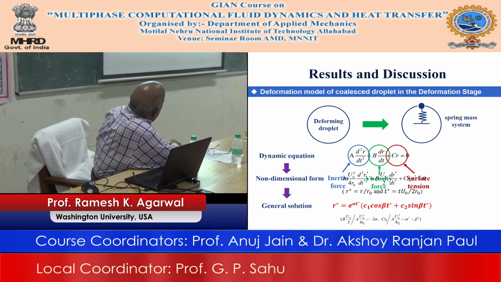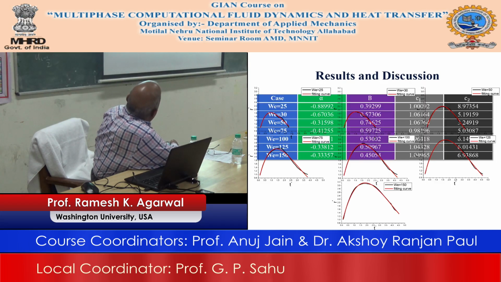And then you can non-dimensionalize this equation, and then it turns out there's a very simple solution, that is a harmonic solution, and then you can see how good it is by doing some calculations at different Weber numbers, and with some of these coefficients that I've shown you in the system, and then you can see how good the solution is for various Weber numbers in time, which is basically the harmonic solution that I showed you in cosine and sine functions with respect to time from the spring dashpot mass system.